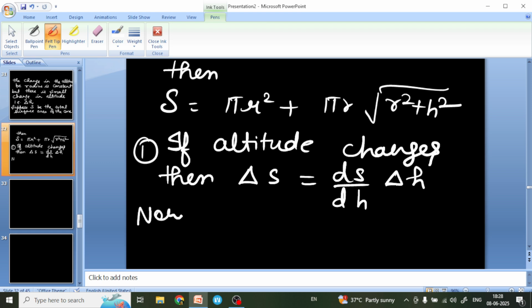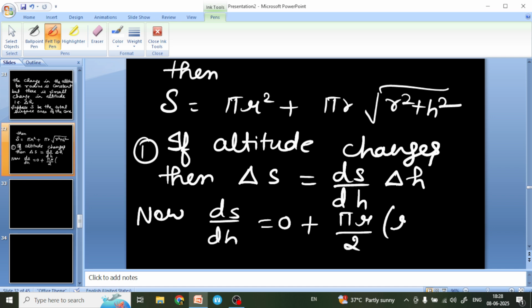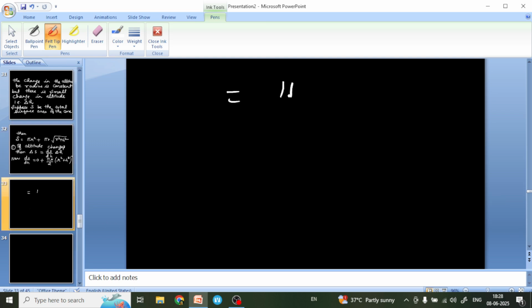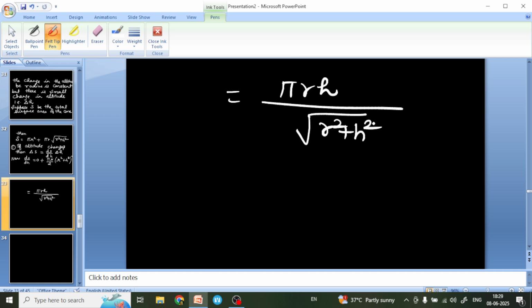Now dS over dh is equal to 0 plus pi r over 2 into r square plus h square whole power minus 1 by 2 into 2h, and that is equal to pi r h over square root of r square plus h square.